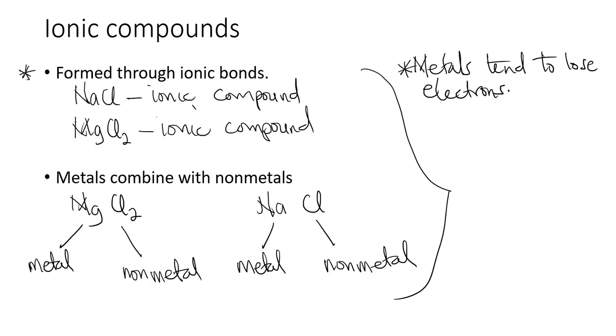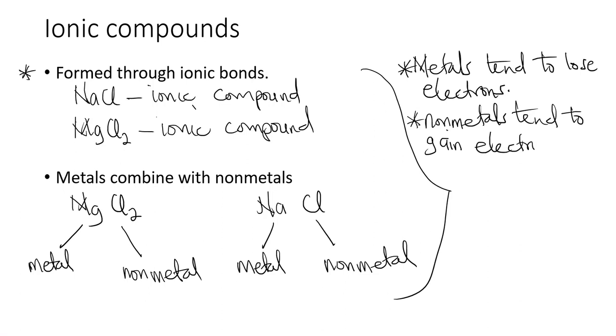So it's easy for them to transfer electrons. Nonmetals tend to gain electrons. So what we are going to see is a transfer of electrons from metals to non-metals. When that transfer happens, the metal becomes positive, the non-metal becomes negative.